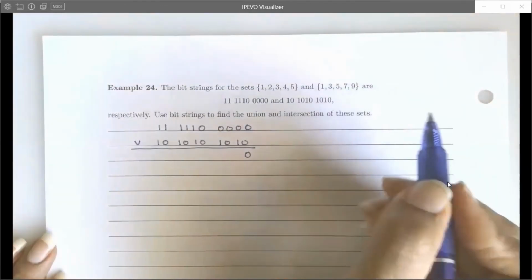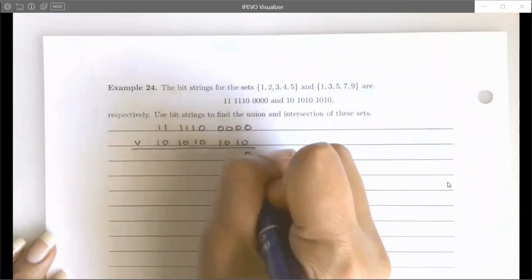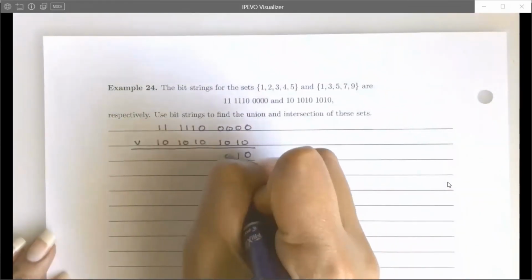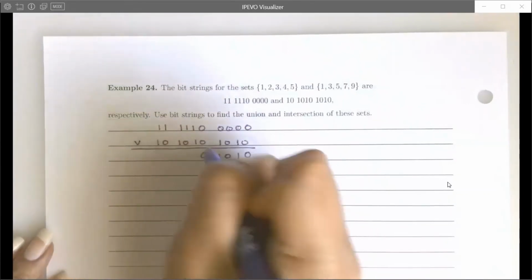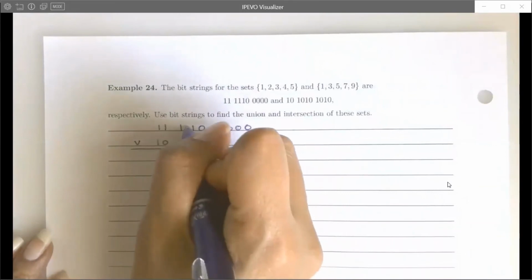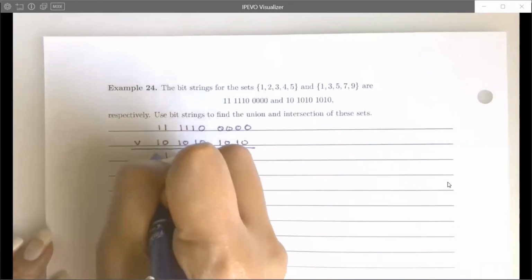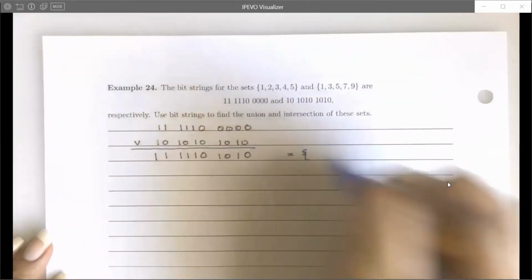It's not part of the set. 0 or 1, since it's found in at least one of the sets, that's a 1. 0 or 0 would be 0. 0 or 1 is 1. 0 or 0 is 0. 1 or 1 is 1. 1 or 0 is 1. 1 or 1 is 1.